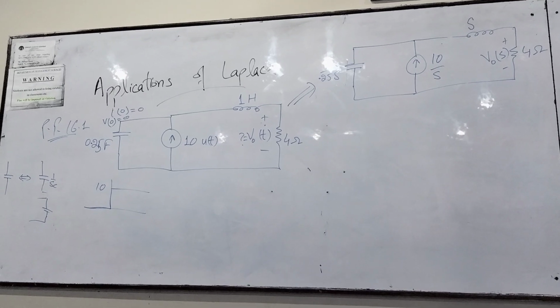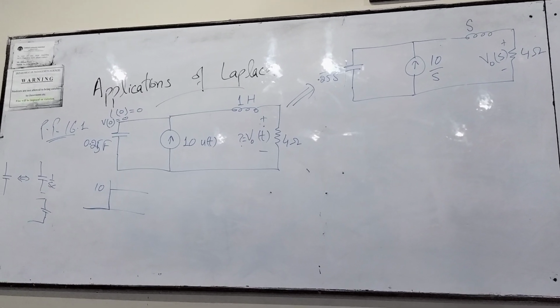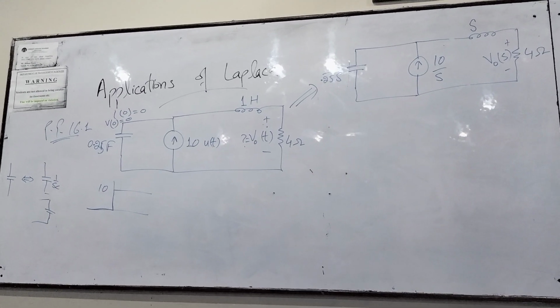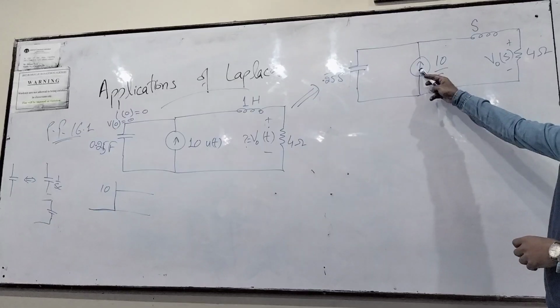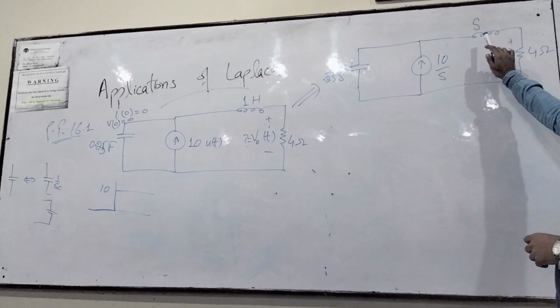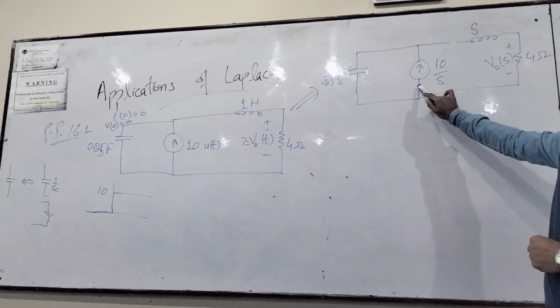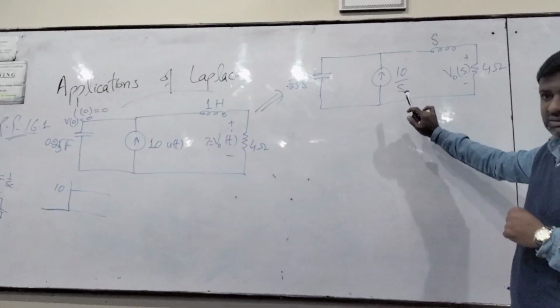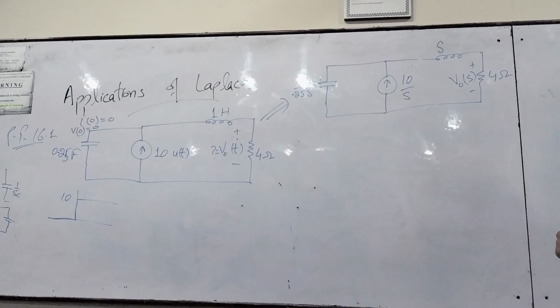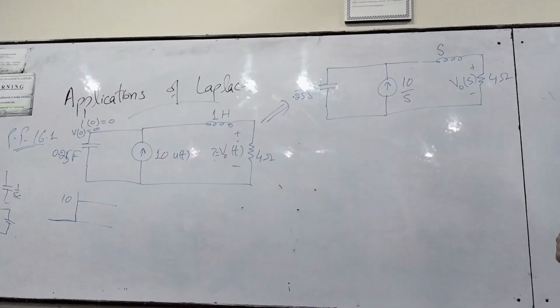Voltage divider. KVL: voltage across this plus voltage across this plus voltage across this. So mesh analysis, super mesh.